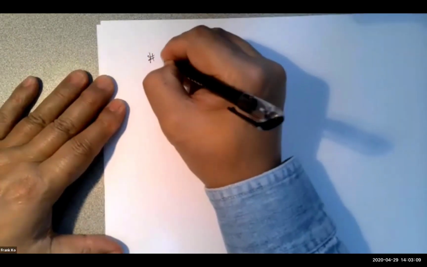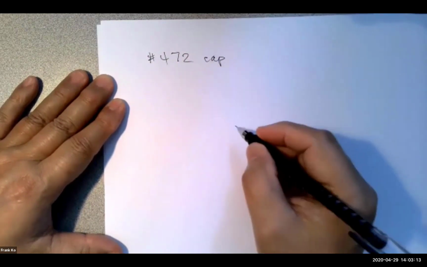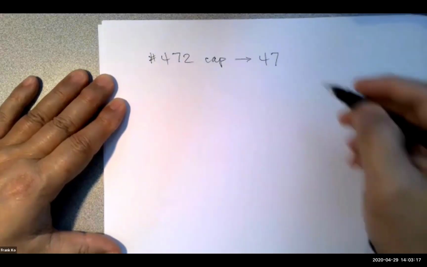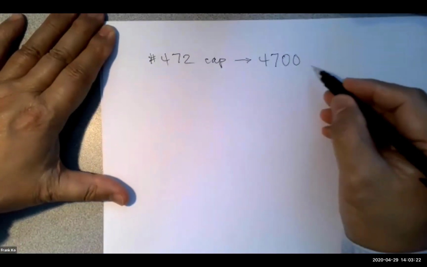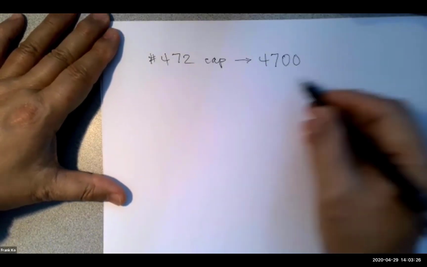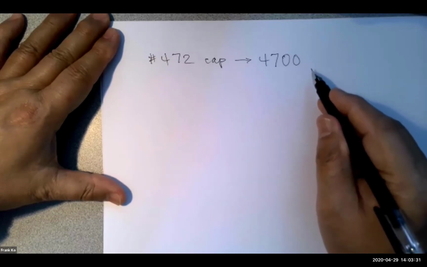So a number 472 cap. The task was you take a 4 and the 7, and the 2 indicates the number of zeros. That part is correct. But there was something else we had to add at the end. What was the something else we had to add at the end? Because that's not the capacitor value yet. What specific thing do we have to add back here?